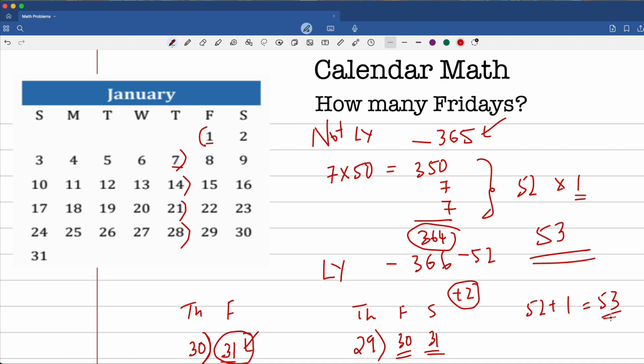And remember my definition of intelligence: knowing the difference between similarities and the similarities between differences. So the difference between a leap year and a non-leap year is that the last Friday differs. The dates on which the Fridays fall would differ, but the number of Fridays doesn't.